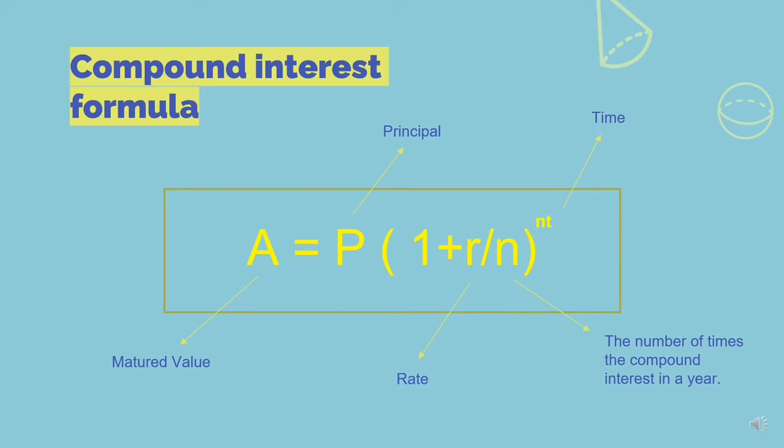A = P(1 + R/N)^(NT). A is the future value, while P is principal, R is rate, N is the number of times the interest is compounded in a year, and T is time.